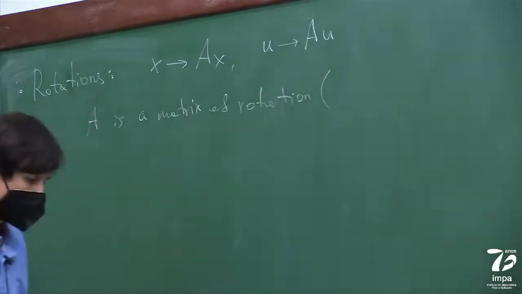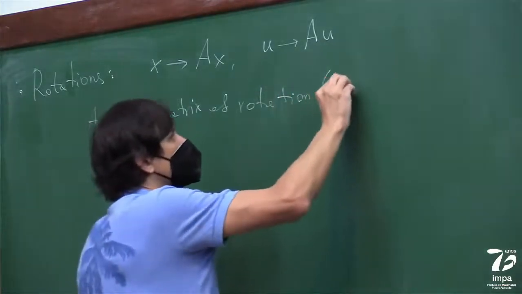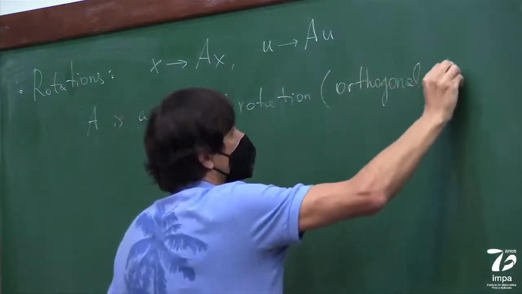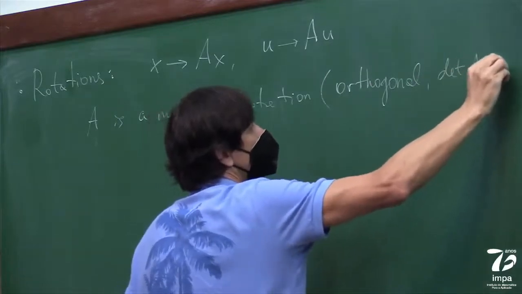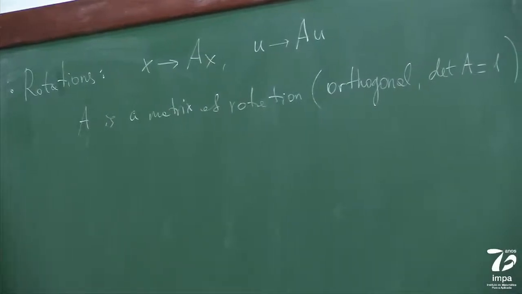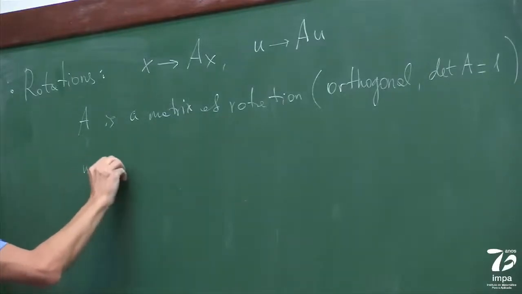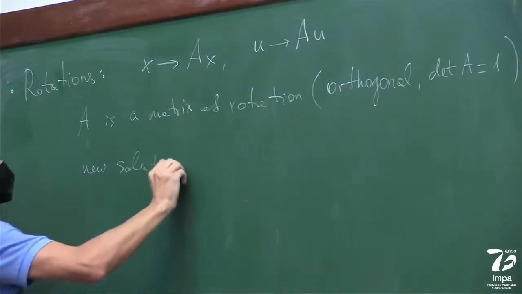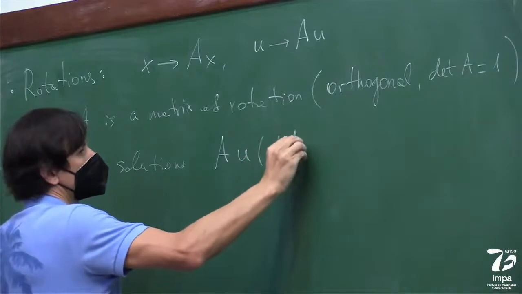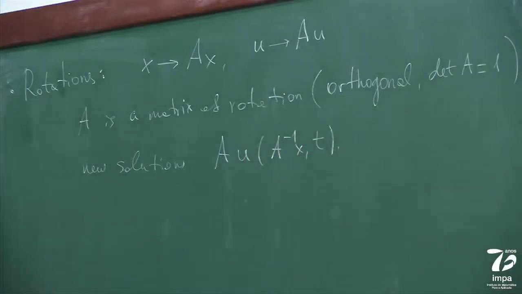If you remember linear algebra, it should be orthogonal, and with positive determinant, not minus 1. So this is a matrix of rotation, and essentially it gives you new solutions in the form A u(A minus 1 x, t). For any such matrix, this transformation gives you a solution which also satisfies the Navier-Stokes equations.